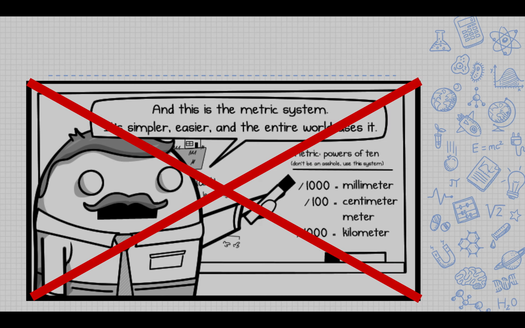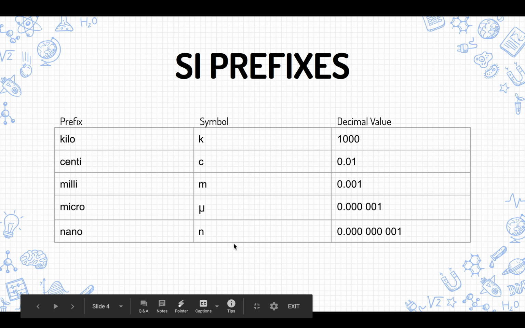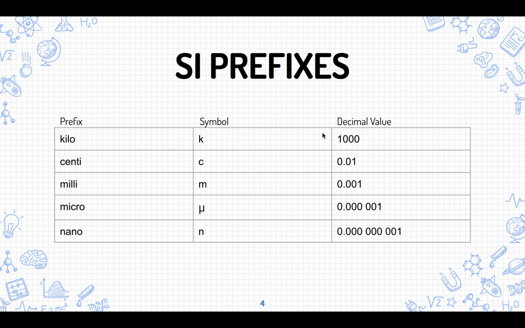but others don't think so. Some basic SI prefixes we'll be talking about today are kilo, centi, milli, micro, and nano. We'll go into depth later on in this video, but these are the basic raw values that you need to know. So kilo would be 1,000.